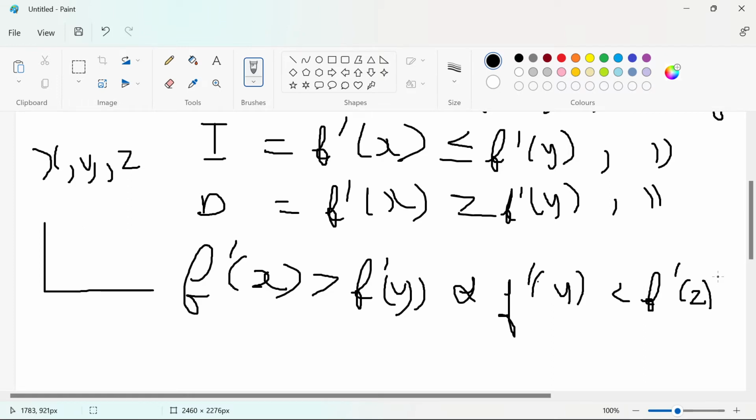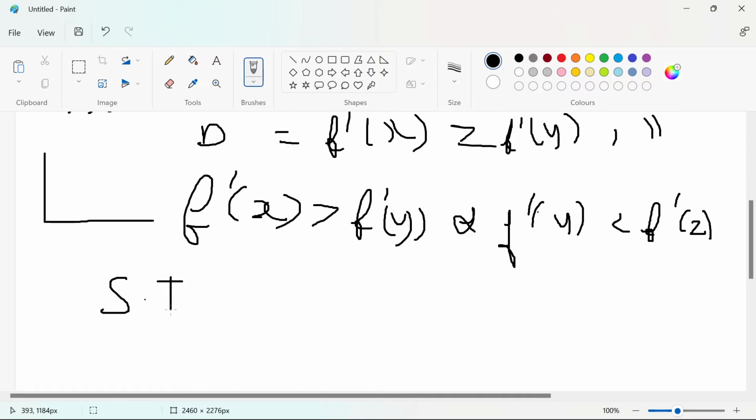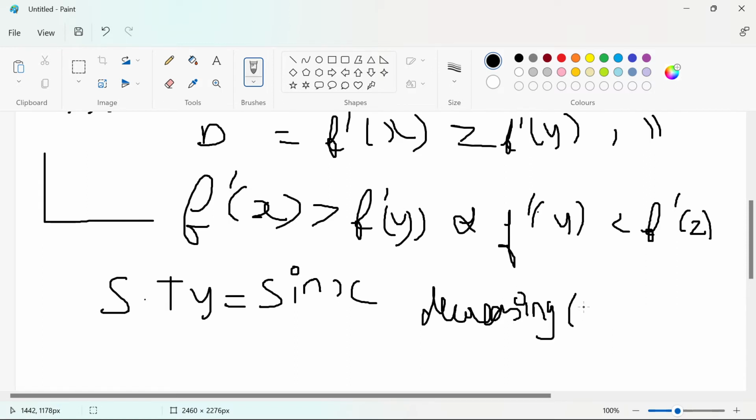The example is: show that y equals sin x is decreasing in pi by 2 comma pi.